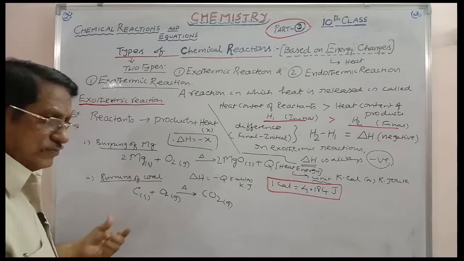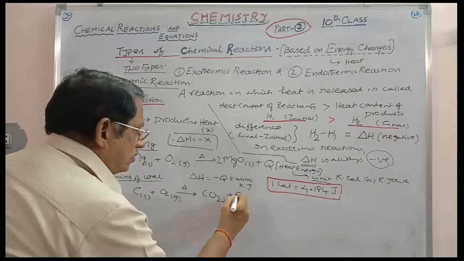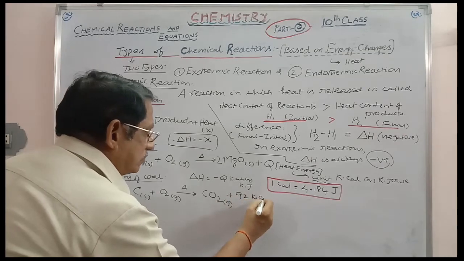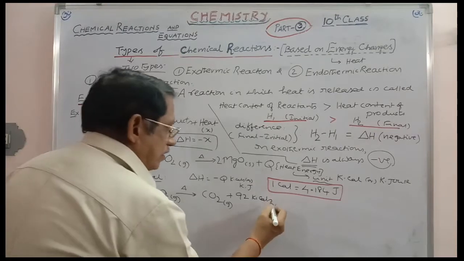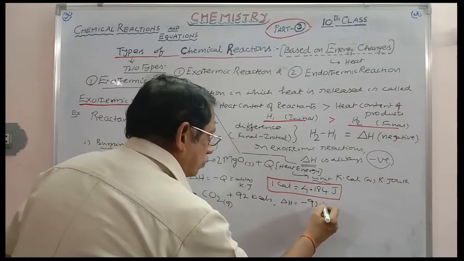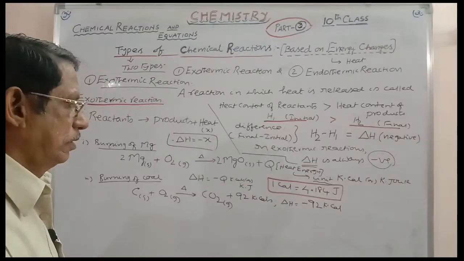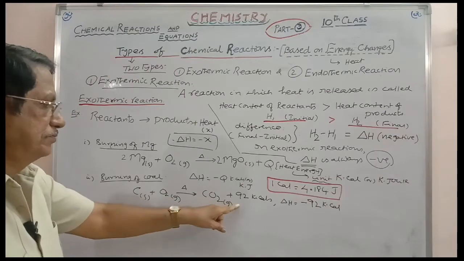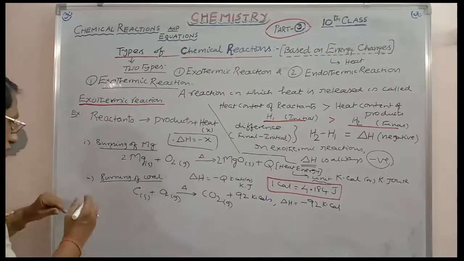And here, actually it will be plus 92 kilocalories. Q is equal to here 92 kilocalories. And therefore here, what is the delta H value? Delta H is equal to minus 92 kilocalories in this equation.